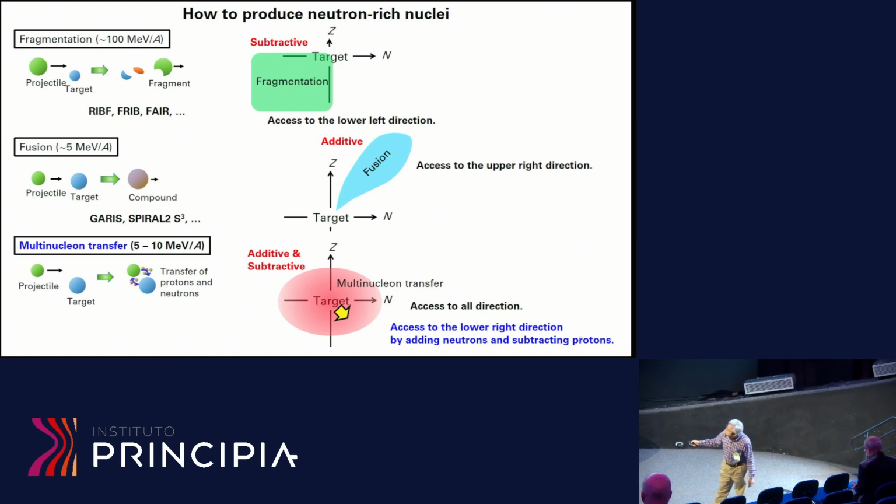So we adopted multi-neutron transfer reactions, which occur around the Coulomb barrier and above the Coulomb barrier. They give the exchange of protons and neutrons between the colliding projectile and target, and it has additive and subtractive features and goes to all directions.